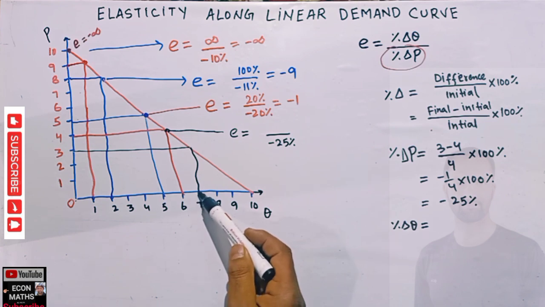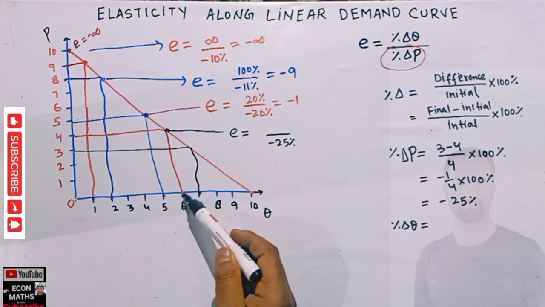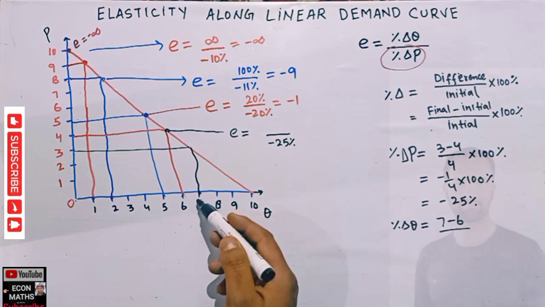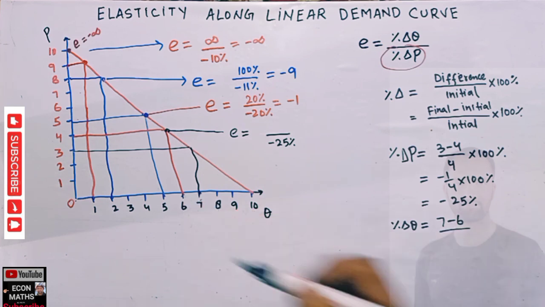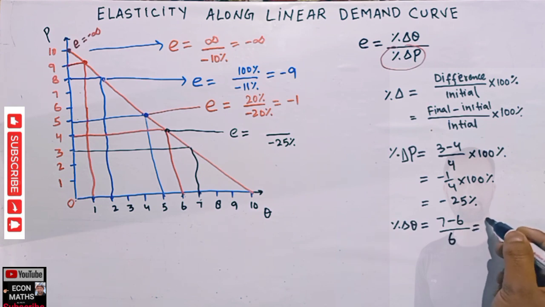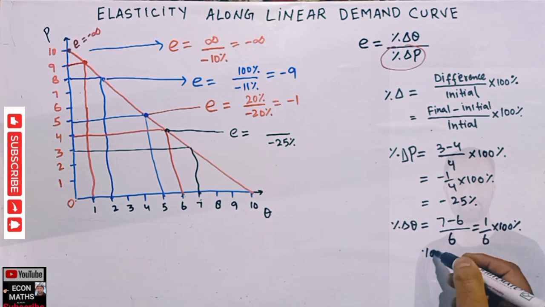So this is our final point, this is initial point, 7 minus 6 upon initial point which was 6, so this comes out to be 1 upon 6 into 100%, obviously.